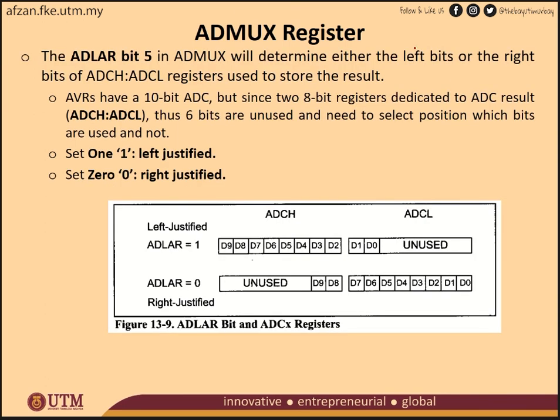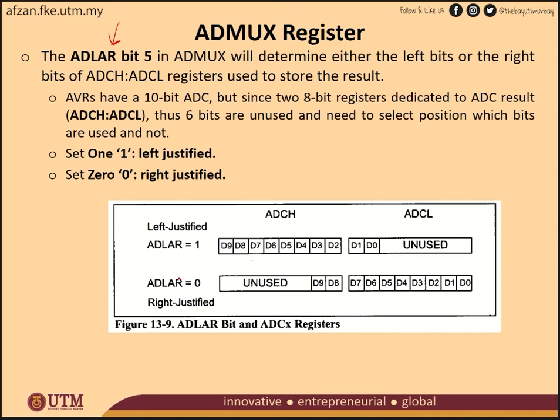Last but not least, the ADLAR bit that I mentioned earlier, found in ADMUX, will determine whether the left bits or the right bits of the ADCH and ADCL registers are used to store the results. Since our AVR ATmega32 has a 10-bit ADC, only 10 bits are used, and the other 6 bits will be unused.